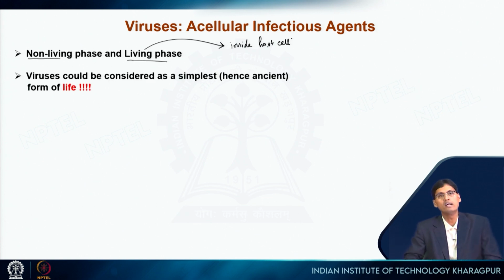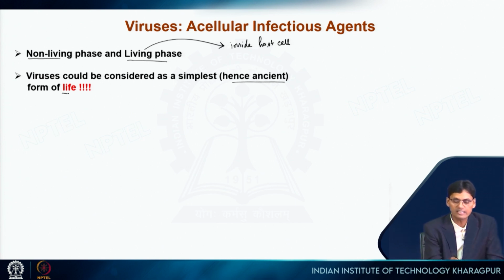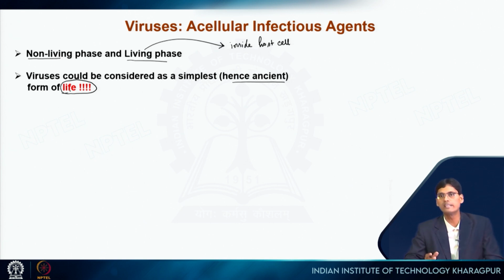Another important feature is that a virus could be considered the simplest and hence ancient form of life. Here this term life is problematic, because I just mentioned the question of whether it is living or non-living. Inside the host cell it shows some traits, and on the basis of that we can say it's living.